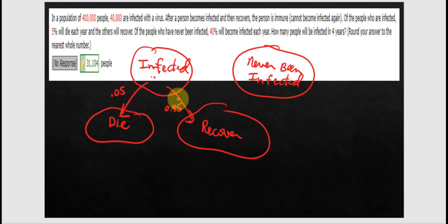Okay. Of the people who have never been infected, 40% will become infected each year. So that's the arrow going there, 0.4. Well, if 40% of the people who've never been infected get infected, then how many is not being infected? 60%. So that's coming right back to you, 0.6.